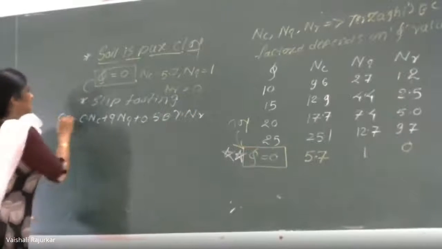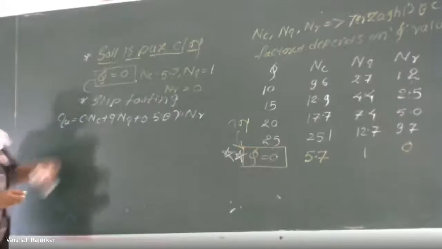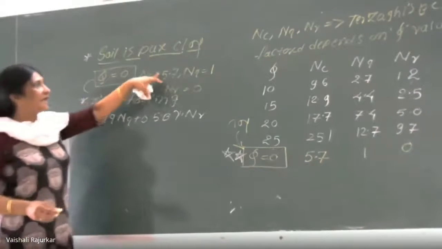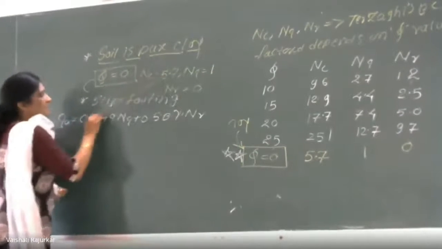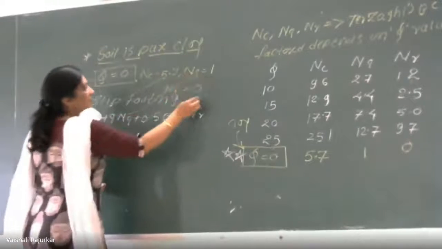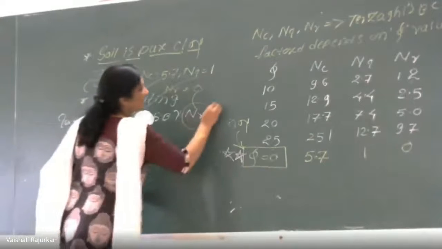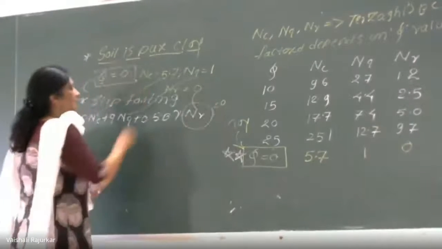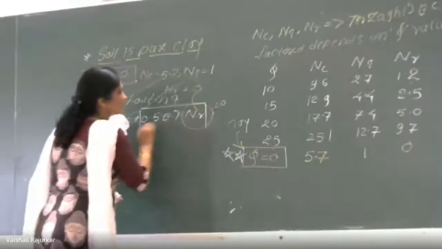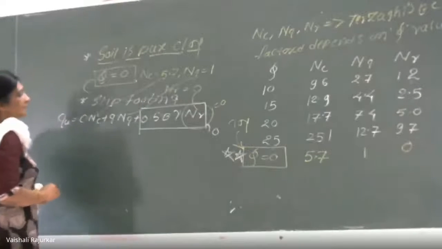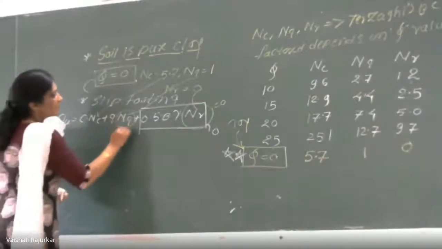This is the equation. Now, as the soil is pure clay, phi value is 0 and therefore NC is 5.7, NQ is 1 and N gamma is 0. Here, this N gamma value is 0, therefore this whole term will be 0 in the equation for clay. Then this NQ is considered to be 1.